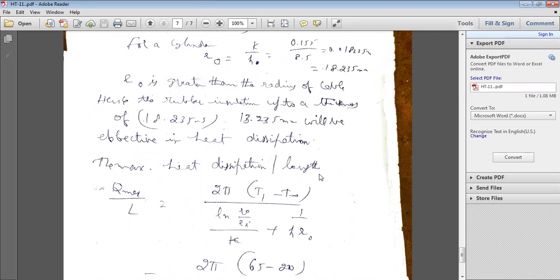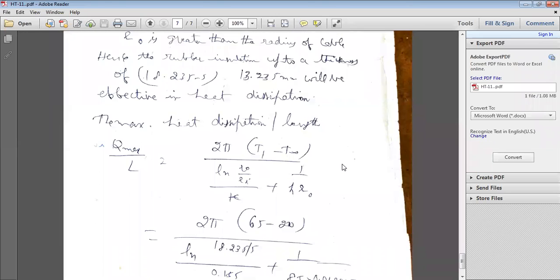From the available equation, how do you calculate the maximum heat dissipation per unit length? The length of the pipe is not given here, so you have to take unit length.